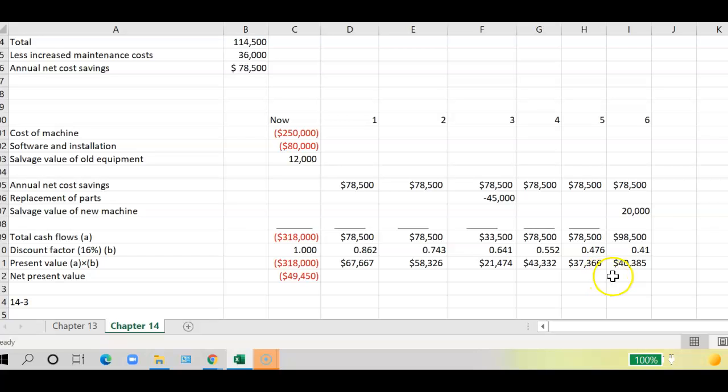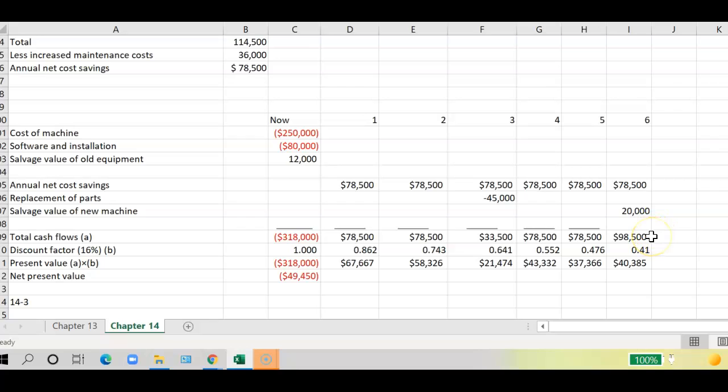But in year 6, we have two cash inflows. We have the $78,500 as well as the $20,000 that is the result of selling the new machine. They estimate it would be $20,000 at the end of the 6th year.